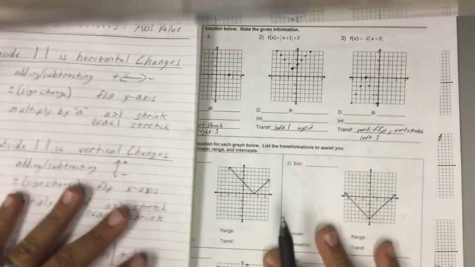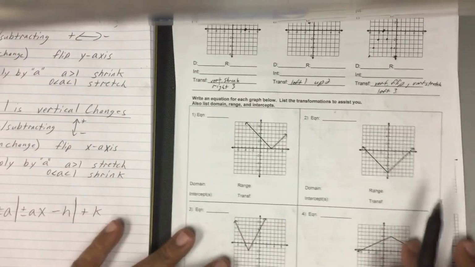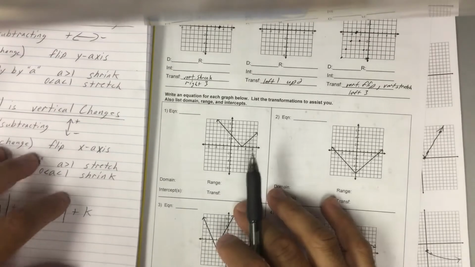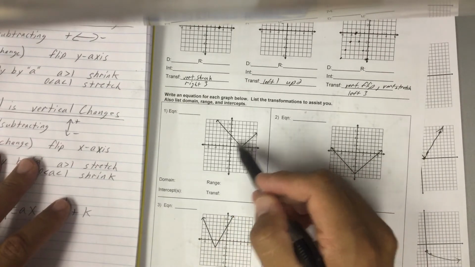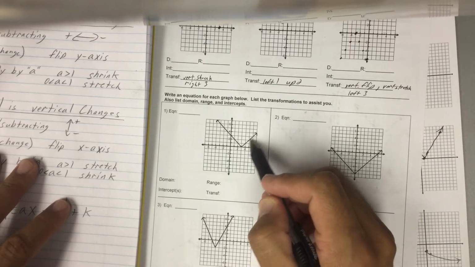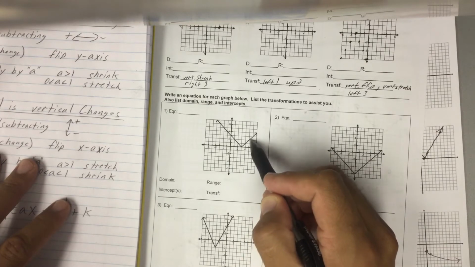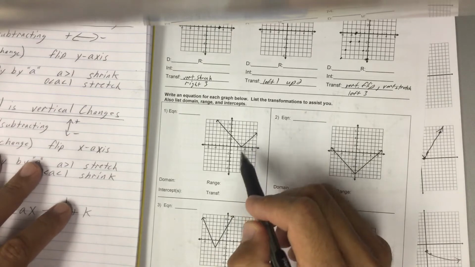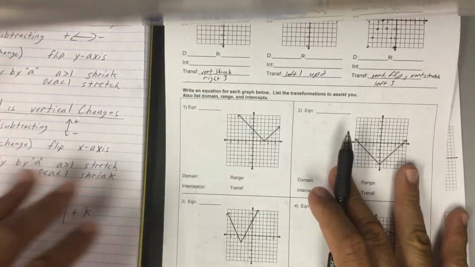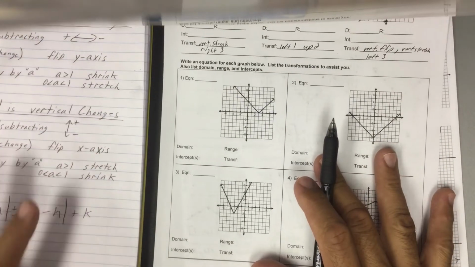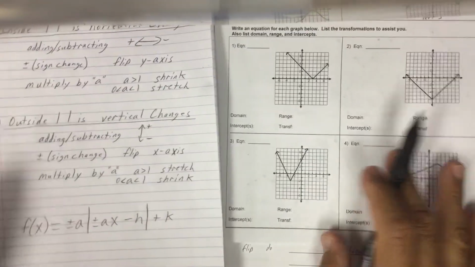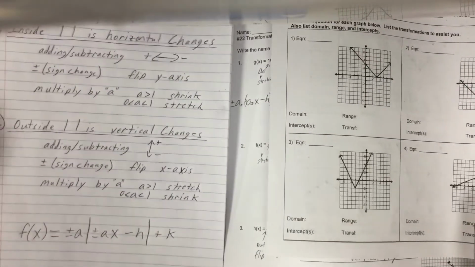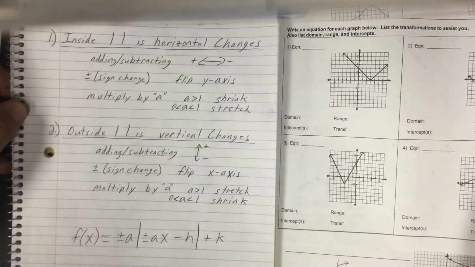Okay, now we're trying to figure out what is the equation using the same notes. So here's my V shape. Notice the V shape is still 1 by 1, so it hasn't been stretched and it hasn't been shrunk. It's still the same exact V shape. Sorry, I got too many papers around here.